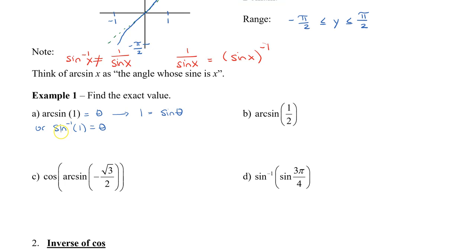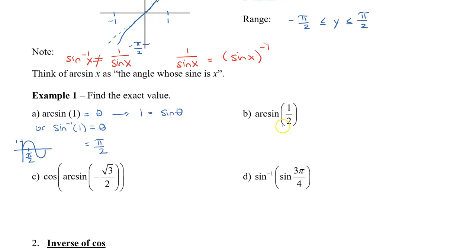So remember, when we're taking the inverse sine of a number, we're actually trying to find that angle. So the angle that gives us a value of 1, if we draw the sine graph, so we want 1 here, would be this value here. And we can see that is going to be pi over 2. That means that arcsine of 1 is equal to pi over 2.